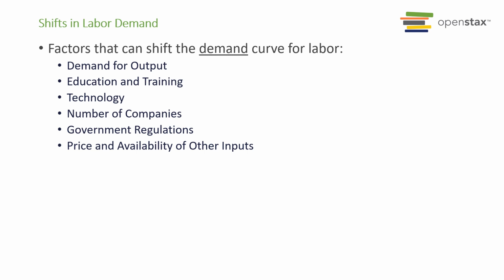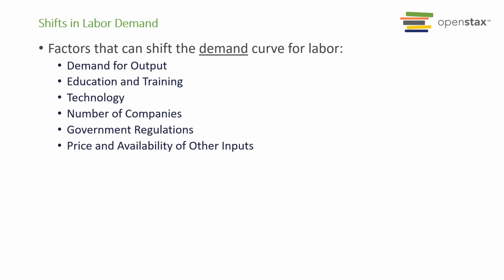And next is the number of companies. How many companies are in the market hiring people? And then we have government regulations. This will be labor laws. How many hours can a person work? What is the minimum wage for the person? What are the working conditions? Right, so all those requirements the government puts on the industry can also impact companies' incentive to hire people.